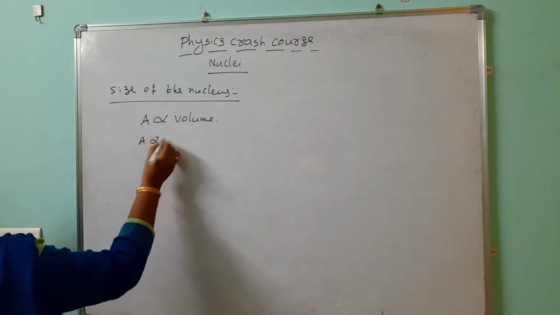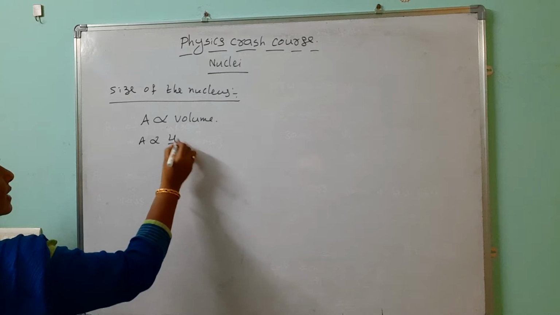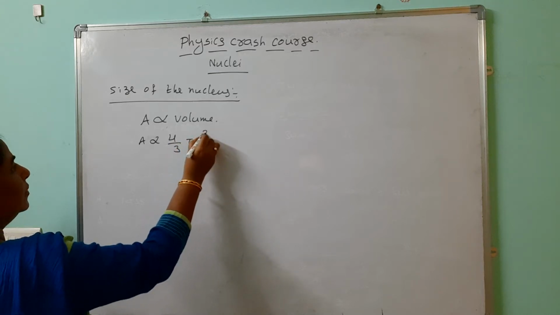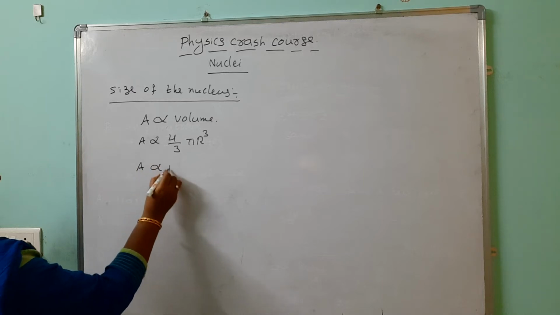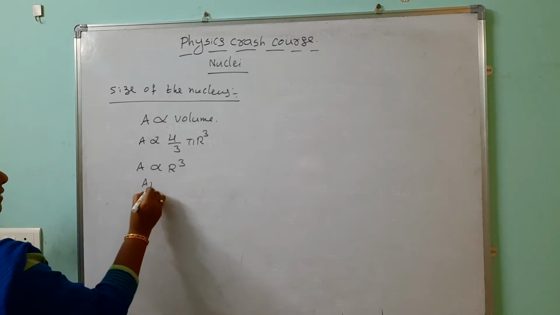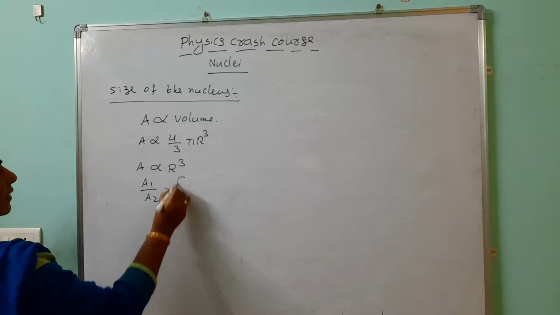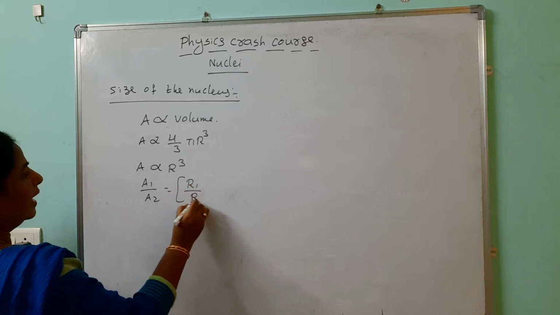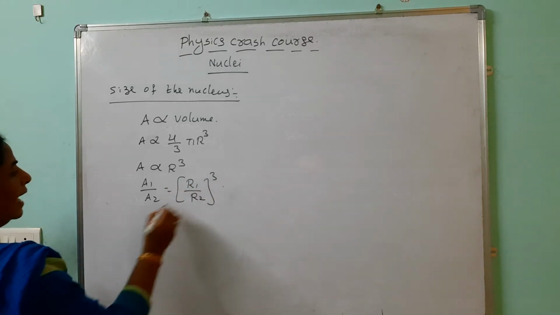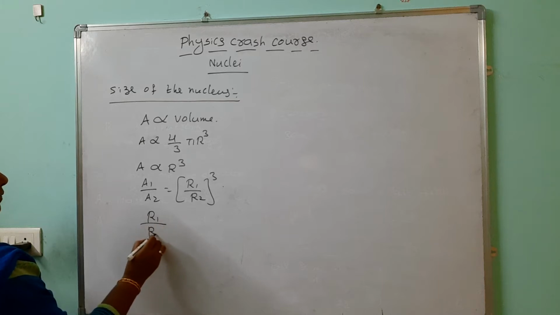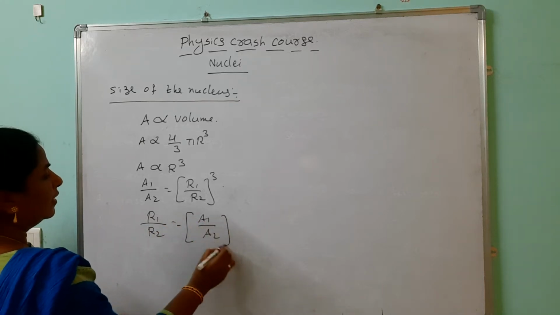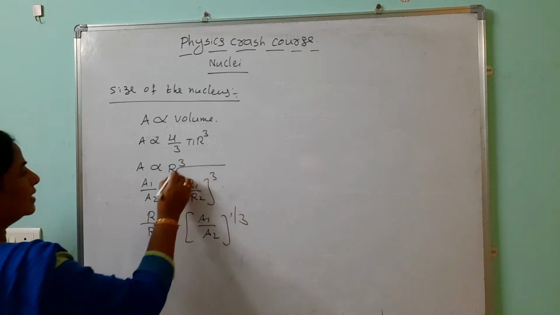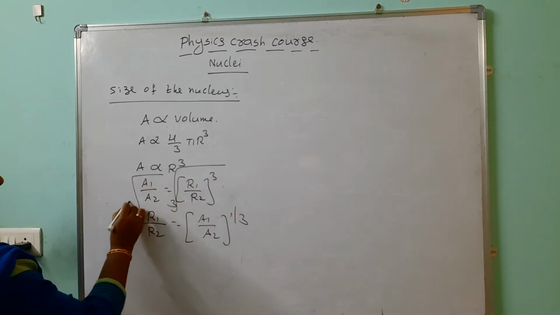Since it has a spherical shape, volume is 4/3 pi r cube. Then A is directly proportional to r cube. A1 by A2 equals R1 by R2 whole cube. Then R1 by R2 equals A1 by A2 whole to the power of 1 by 3, as on both sides we take the cube root.